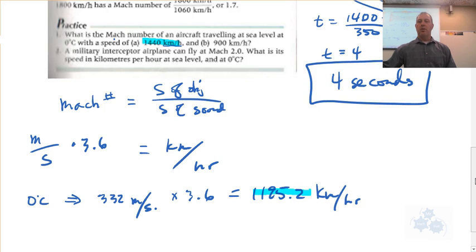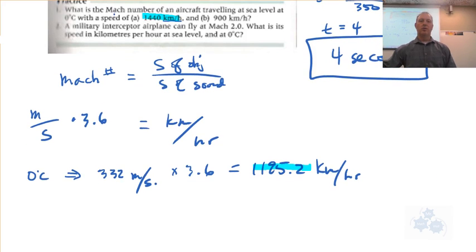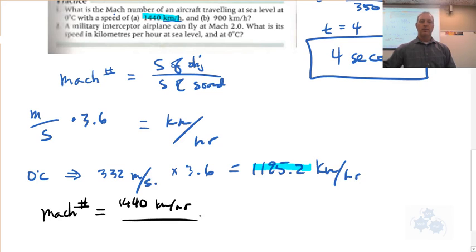So, in order to get Mach number, all I do is use those two. Mach number is the speed of the object, 1440 kilometers per hour, divided by the speed of sound, which we just calculated to be 1195.2 kilometers per hour.